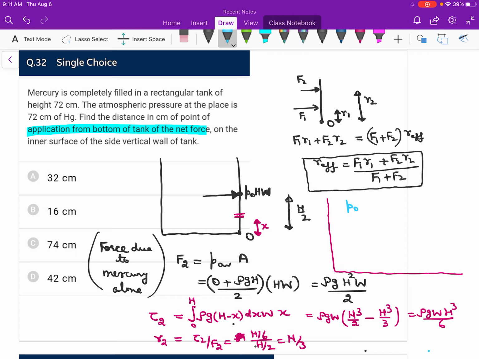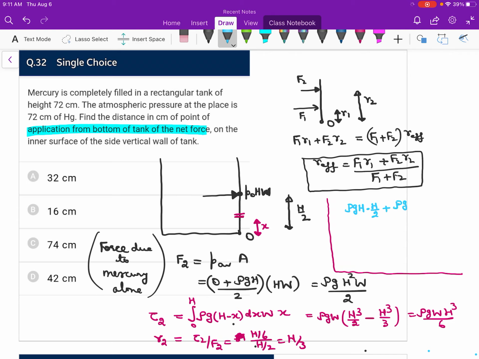F1, which is P naught into HW, into R1, which is h by 2, plus F2. P naught we also write as rho g h. So rho g h, this is the first force, into h by 2, this is the torque.